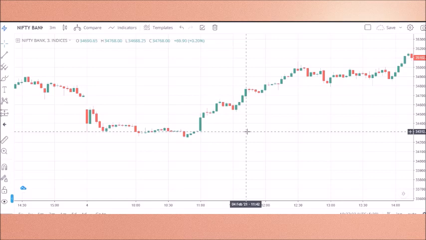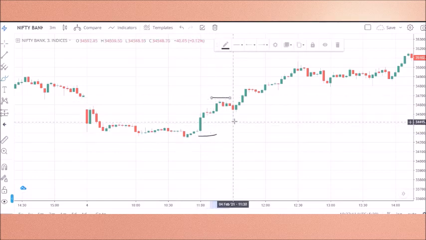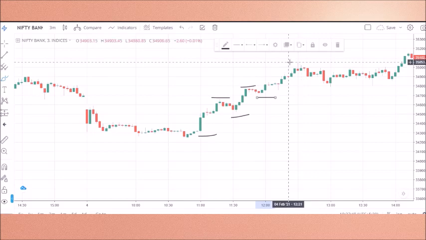After a certain point it will take a pause, become range bound, then again it will start its rally. So you have to identify when a stock or an index is range bound, and when it is doing its rally. When it does its rally, you have to find out whether it is an uptrend or downtrend and take the trade accordingly.